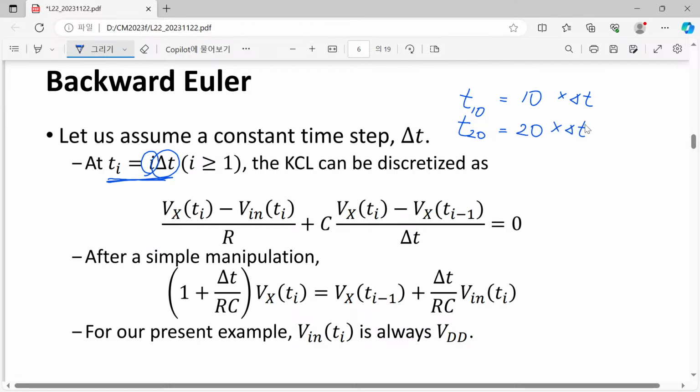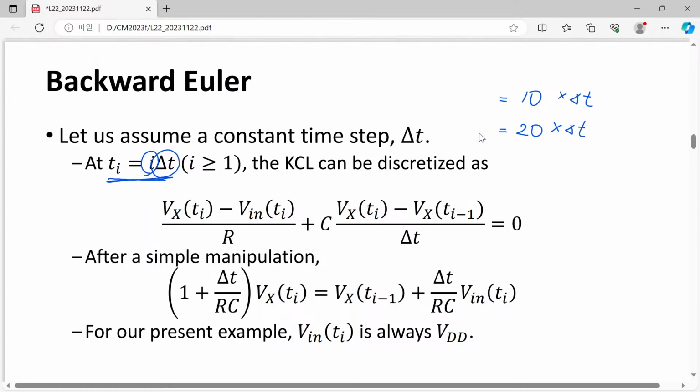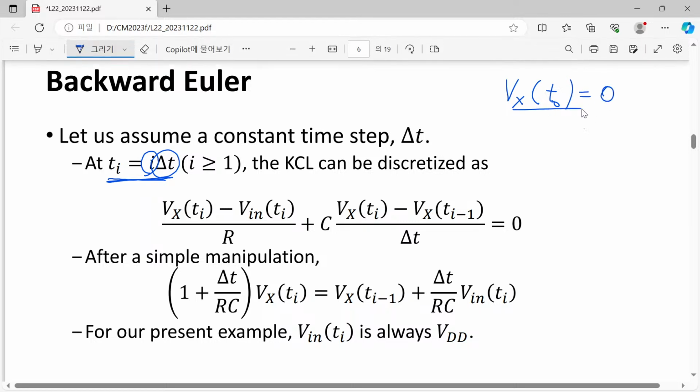So I think that this is not that difficult. Of course, i should be a positive integer because i equal to 0 is reserved for our time instance 0, and in this case we just say v sub x at t sub 0 equal to identically 0.